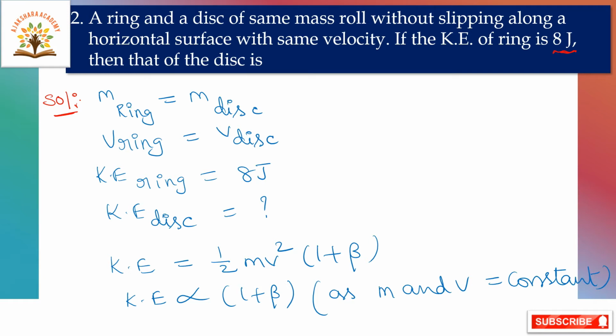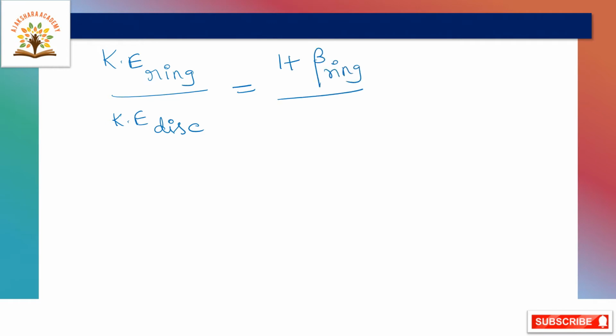Now kinetic energy of the ring by kinetic energy of the disc is equal to (1 plus beta of ring) by (1 plus beta of disc).